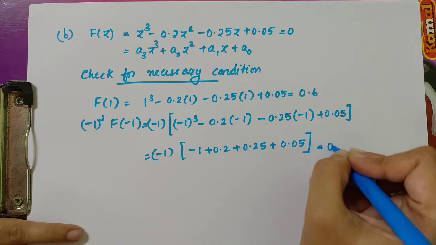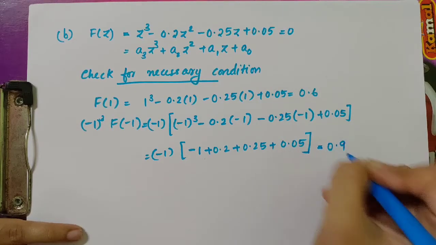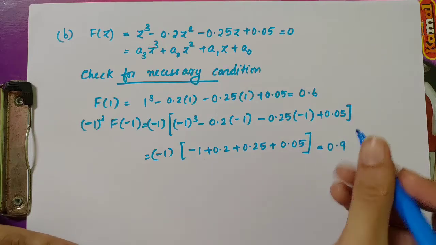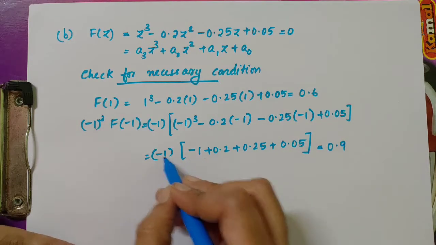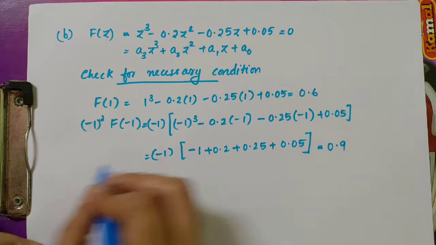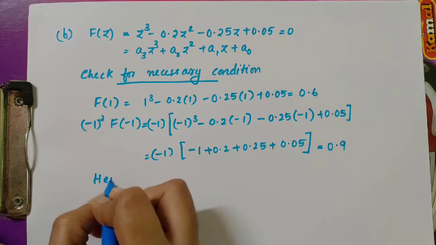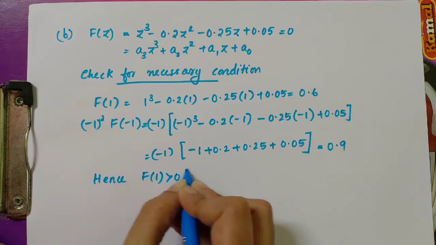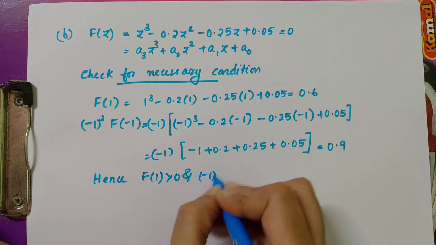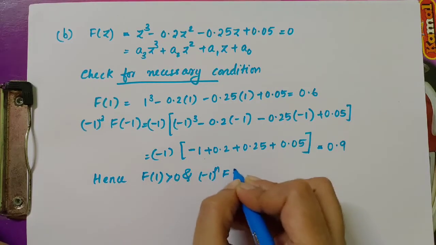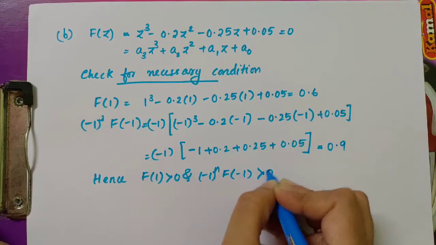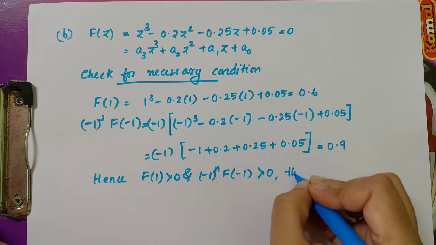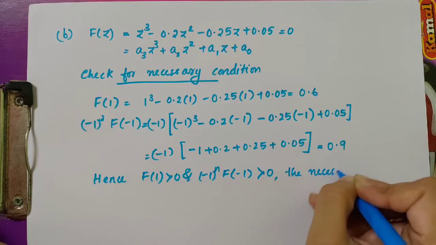That is equal to 0.9. Okay, നെഗറ്റീവ് വാല്യൂ ആയിരിക്കും വരുന്നത്. നെഗറ്റീവ് ഇൻറ്റു നെഗറ്റീവ് പോസിറ്റീവ് എന്ന് പറയും. Hence, F of 1 is greater than 0 and -1 raised to n F of -1 is greater than 0. The necessary condition is satisfied.